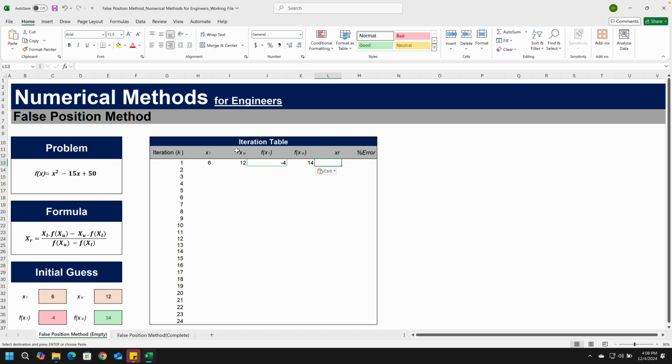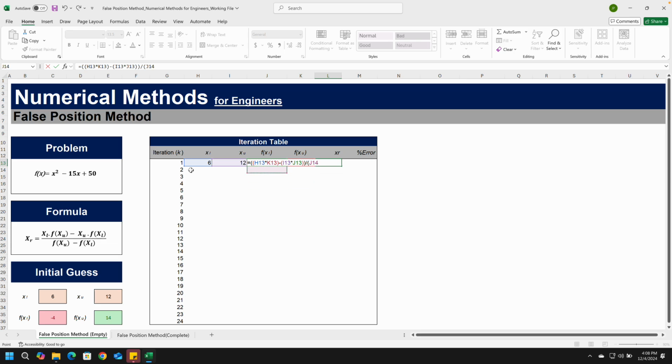Now, f of xr is where we implement the false position method formula. So it's simply just the following. Double bracket, xl multiplied by f of xu here, minus xu multiplied by f of xl here, the green cell. Okay, let's close bracket and let's divide this by the following. f of xu, they're a bit blocked by the formula here, as you can see.